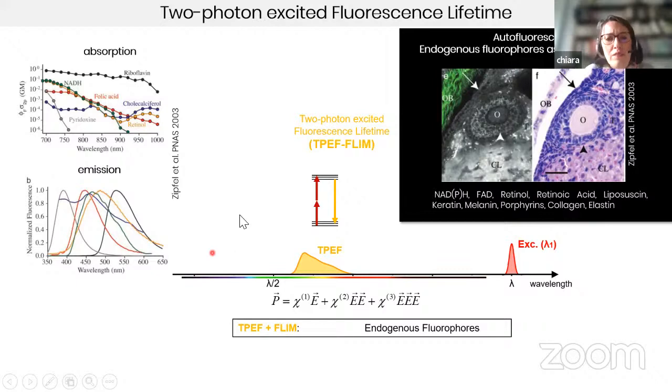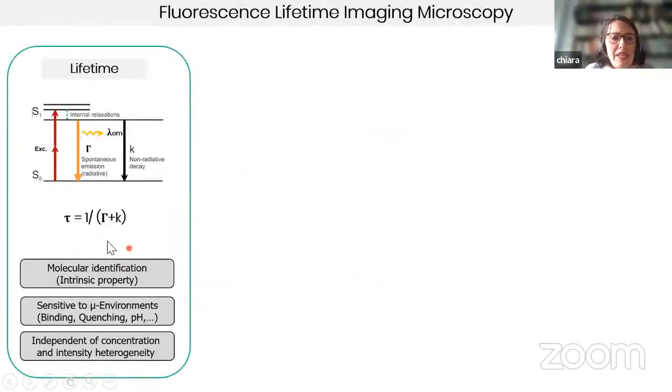That's one of the reasons we want to perform fluorescence lifetime microscopy, FLIM, because not only can we identify the type of molecules we have through the radiative decay, but FLIM is also very sensitive to the microenvironment through the non-radiative decay. So we can have information about binding, quenching, and pH.